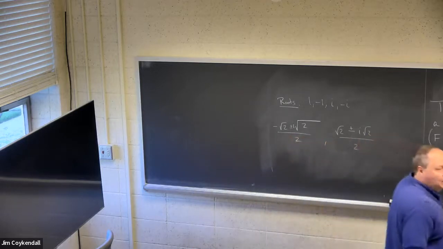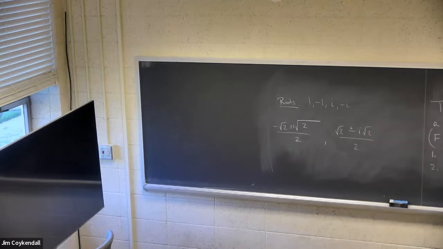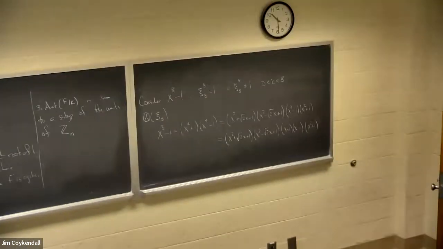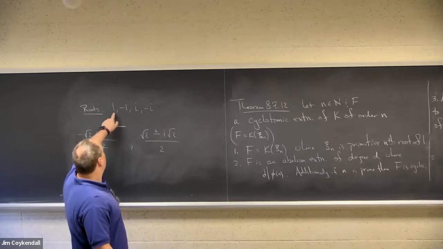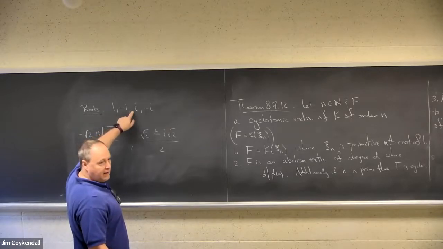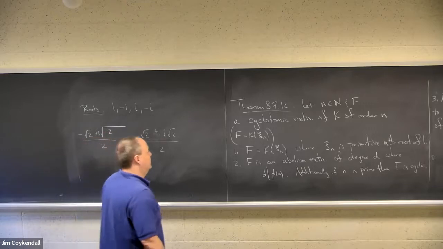Now, I've got 8 roots of this, and here's kind of an important point. The polynomials obviously would cycle, always 8 roots, right? Because 1 and minus 1 are in the base field, and actually this is an extension of degree 2.